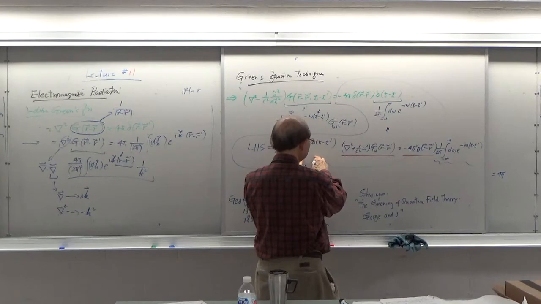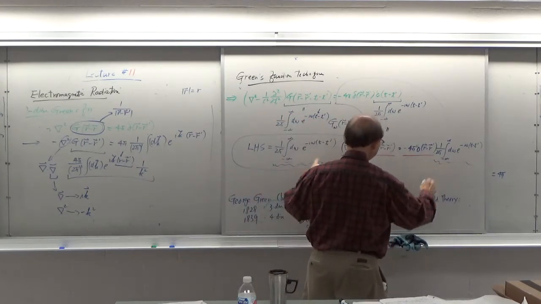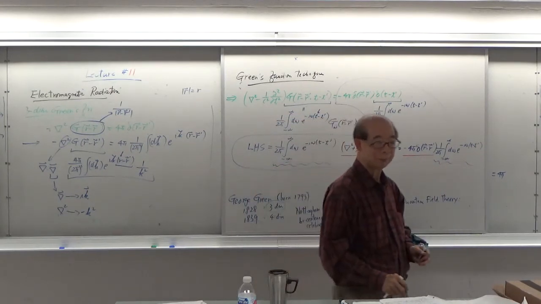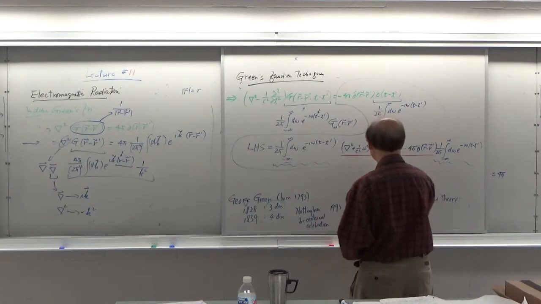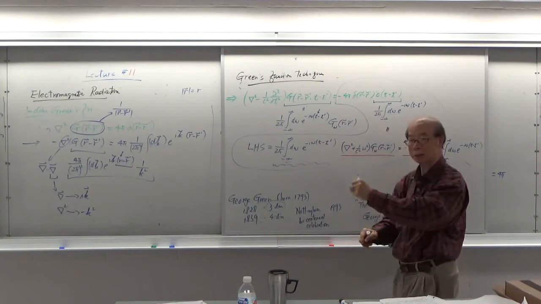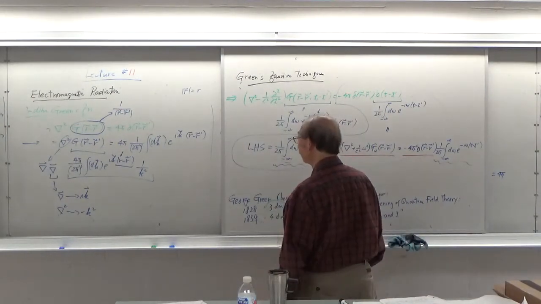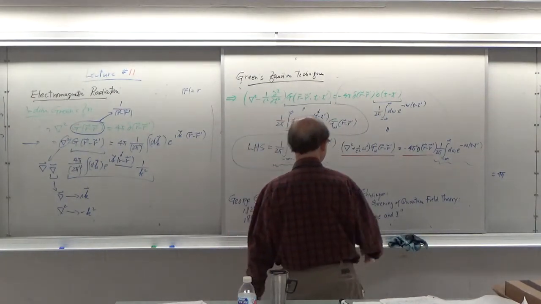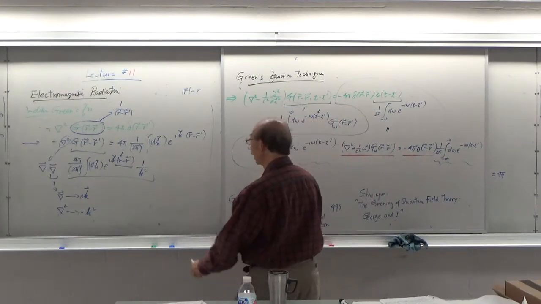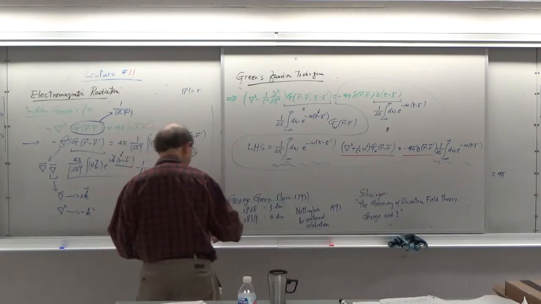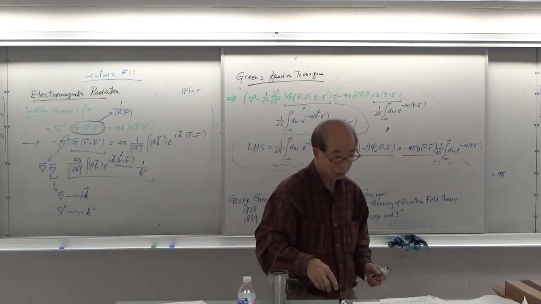Then this part would give me back this part. So that I arrive at, okay, a 3-dimensional differential equation, which looks like the original 3-dimensional Green's function equation.